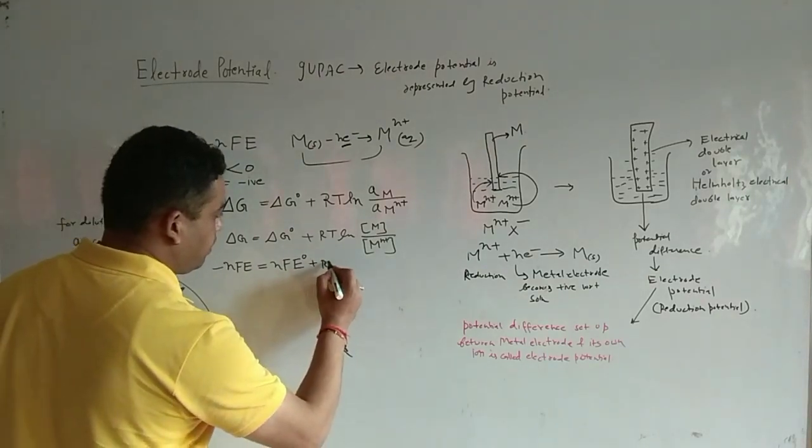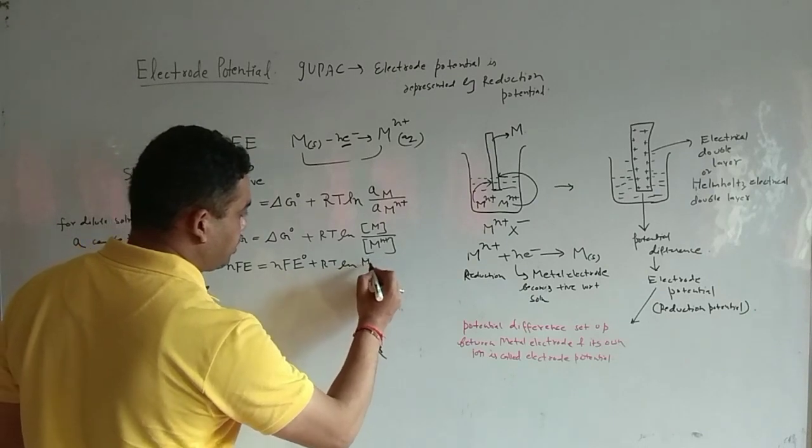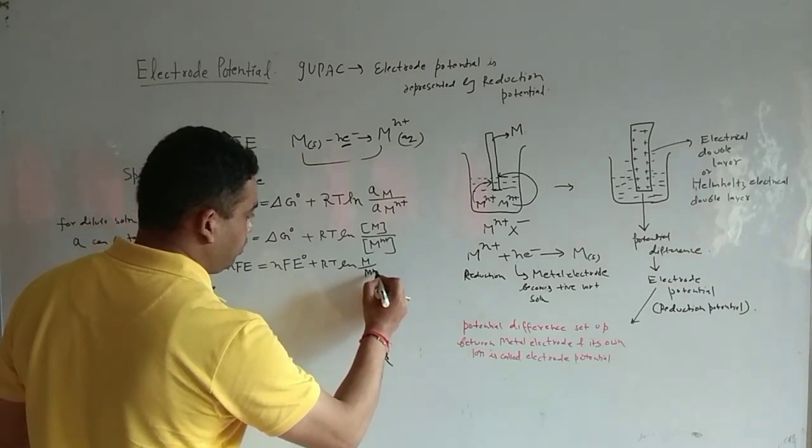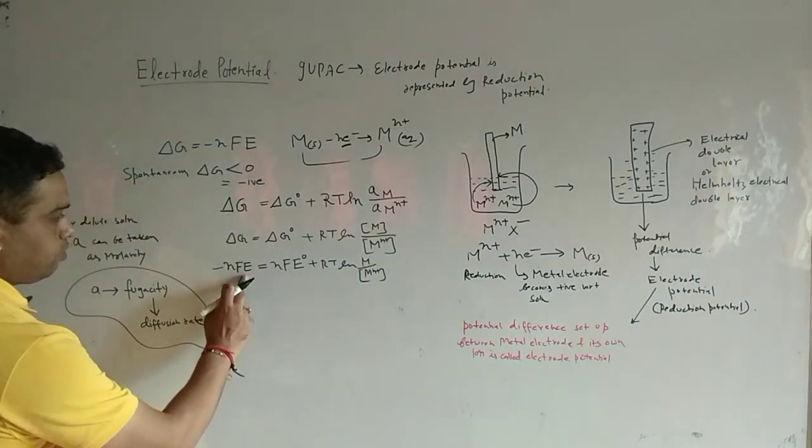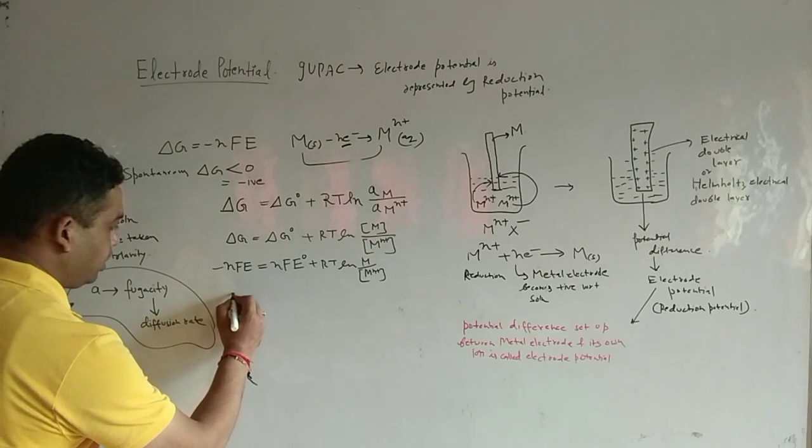So you can write RT ln M over M^n+ for this particular one. Now you have to calculate the electrode potential, so you can write E here.